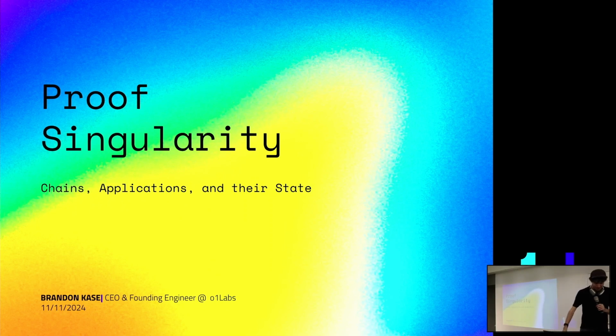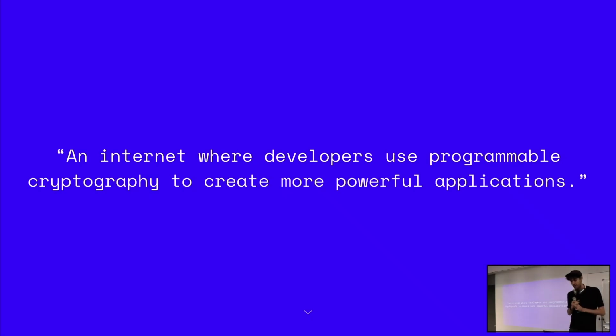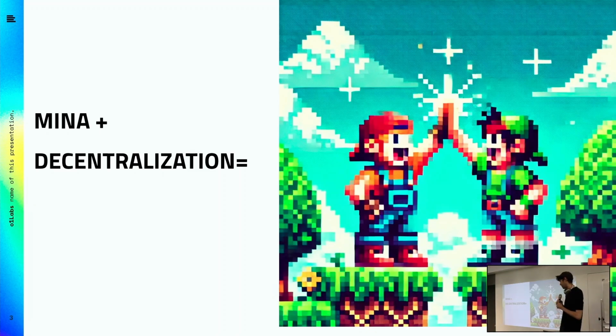So at O1 Labs, we're really excited about this internet that I think a lot of people in ZK are working towards building, where developers can use programmable cryptography, ZK, MPC, FHE, et cetera, to create more powerful applications. And we think that Mina plays a big role in this. Why?